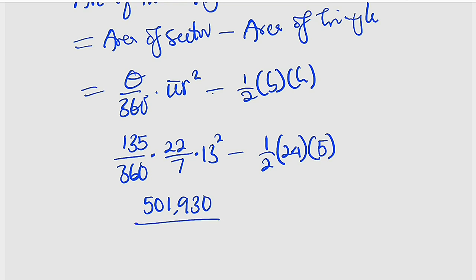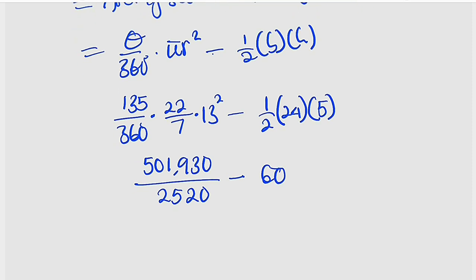That is our numerator. Then the denominator will be 360 multiplied by 7. That is 2,520. Then minus half of 24, which is 12, multiplied by 5 is 60.